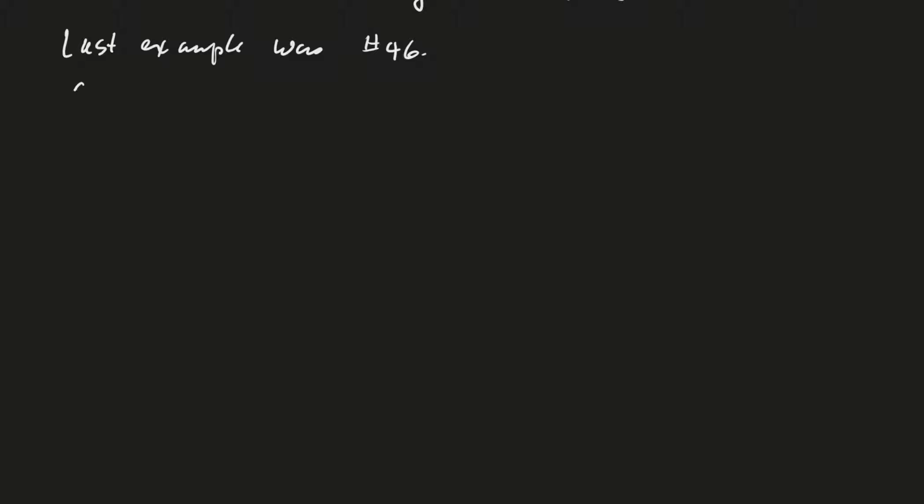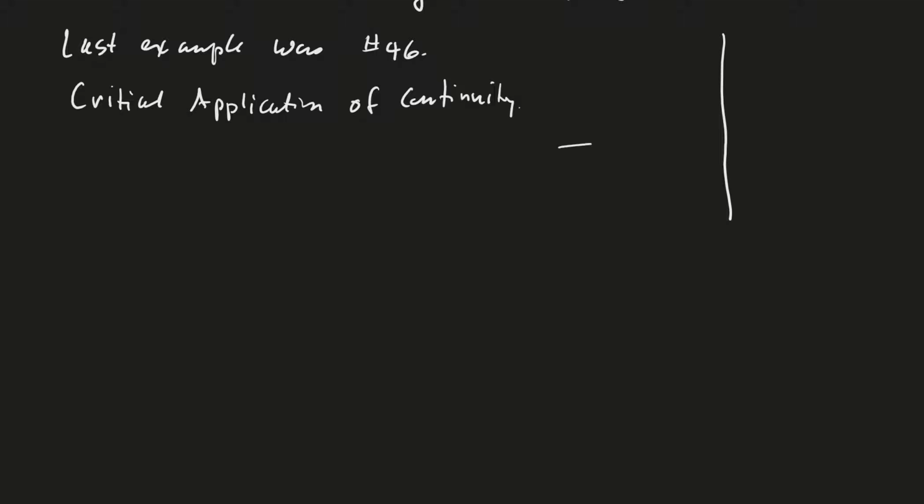I want to get to a critical application of continuity. And the way it works is the following. This is the way it works in practice, in fact. Suppose I've got some function, and I know my function is negative at some point, and it's positive at another point.